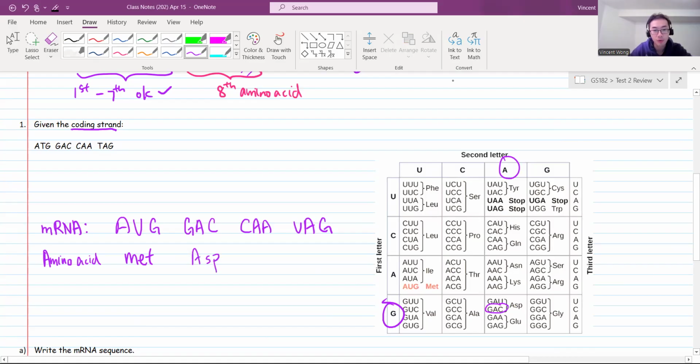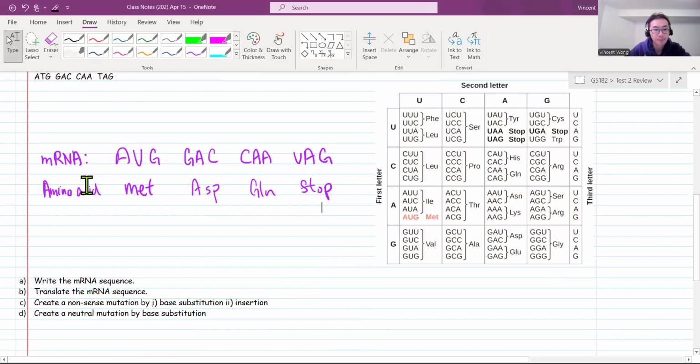By now, you should know how to use this, it's almost like the periodic table, right? But for biology. CAA is GLN, and don't forget to put stop. Okay. So we write the mRNA sequence, we translate it into the amino acid.